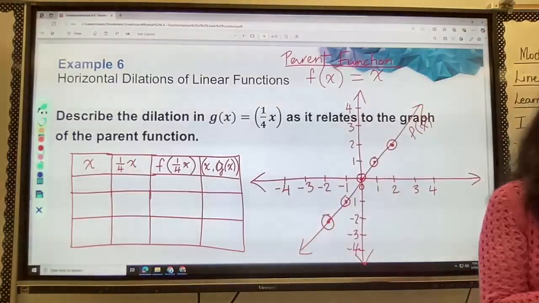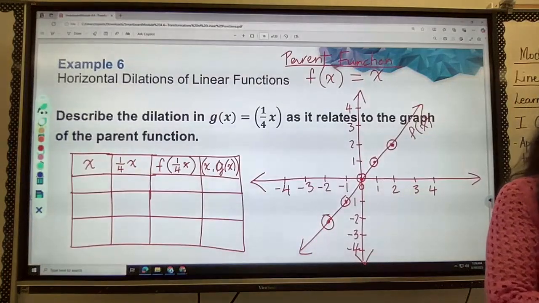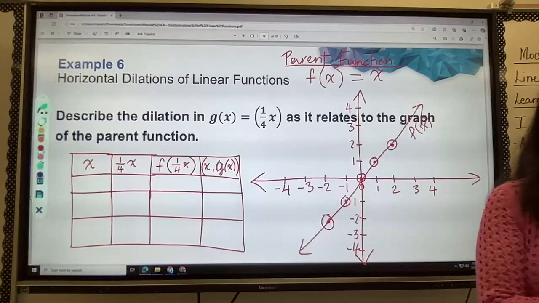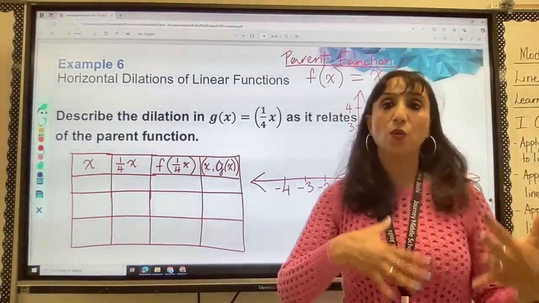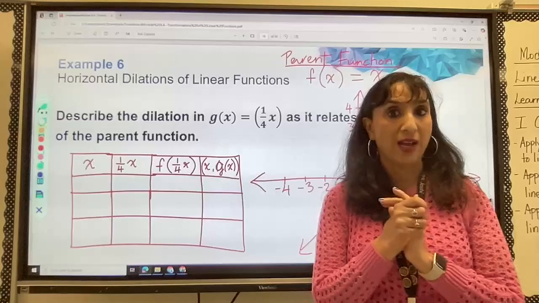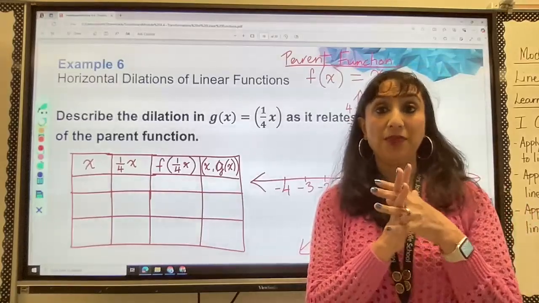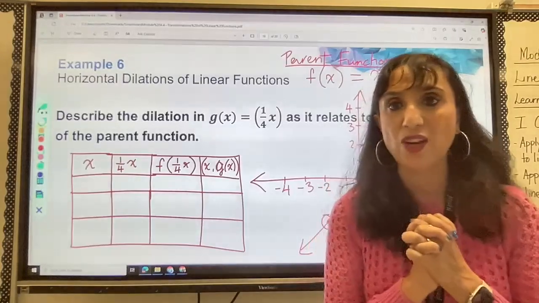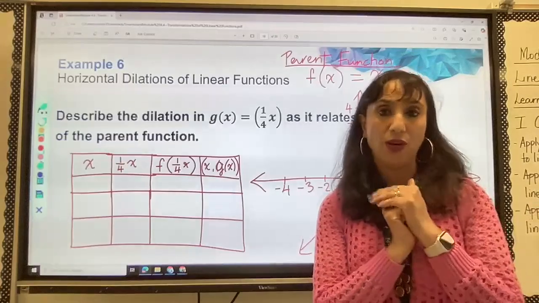Okay, so we know that for me to multiply with 1/4, I want to take numbers which are compatible with 4. So when I divide, it's going to be easy for me to simplify. So I can take 4, 8, 16, 20, etc. These kind of numbers, because I can easily divide 4 by 4, 8 by 4, etc.